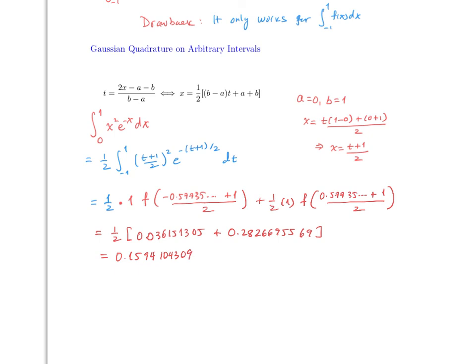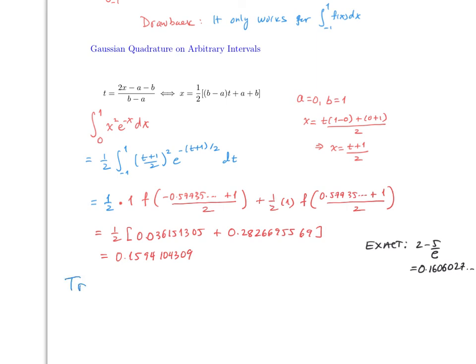Now in this case the exact solution is 2 minus 5 over e, which is 0.16060274.